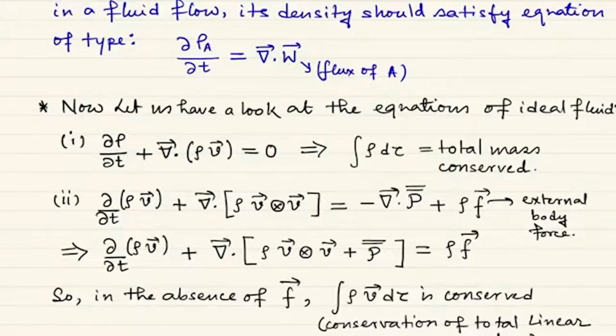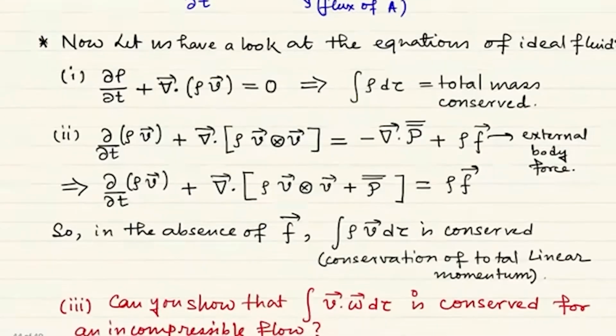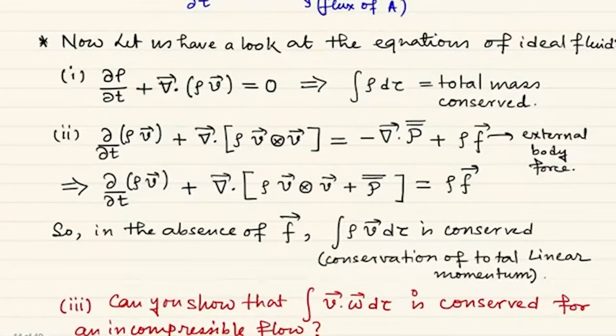Now if we don't have any external force, in the absence of any body force, ∂/∂t of ρv is equal to minus the divergence of this thing.